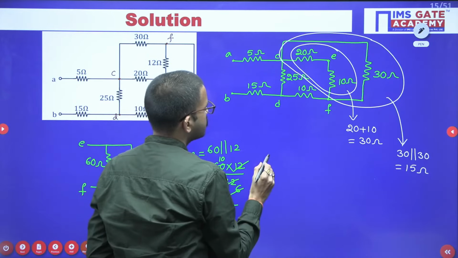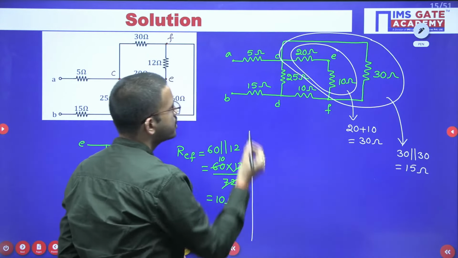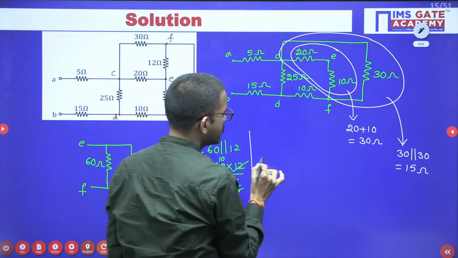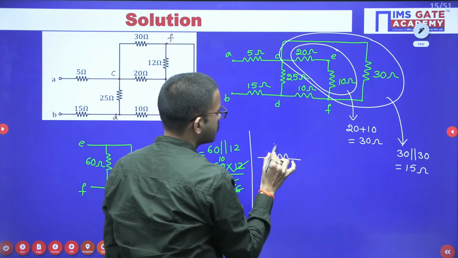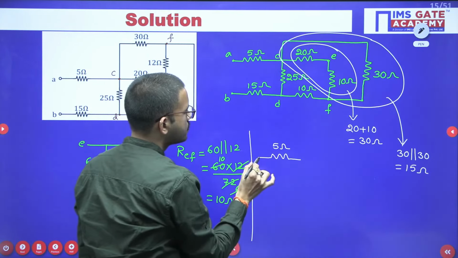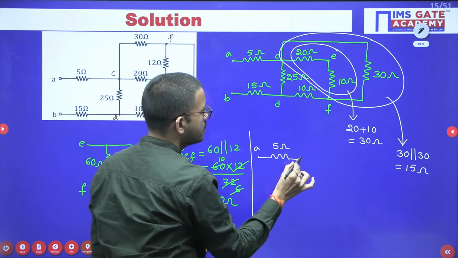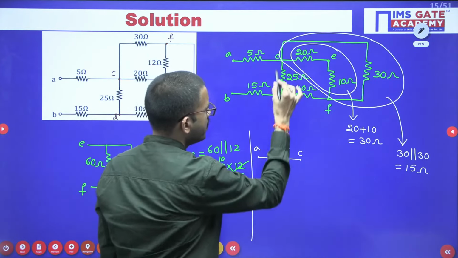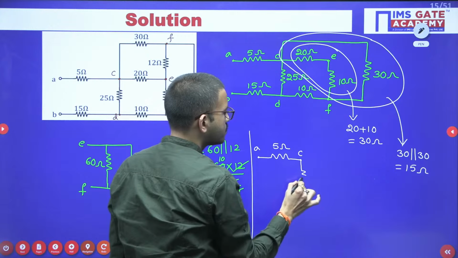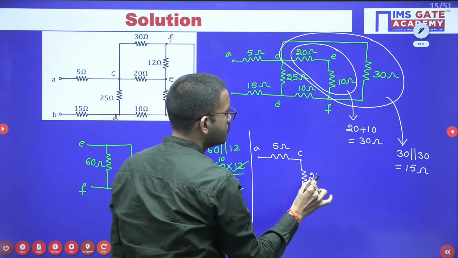Okay. Now, the part of the circuit here, the simplified circuit I am drawing. Here the 5 ohm resistor is present between A and C. Next, between C and D you are having 25 ohm.